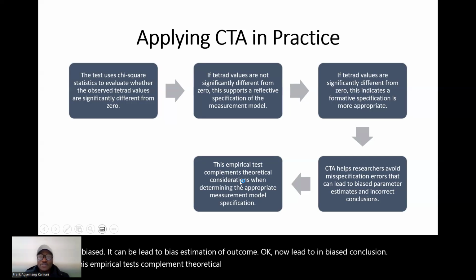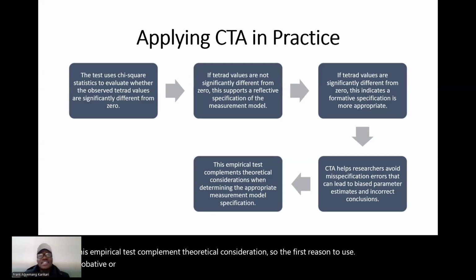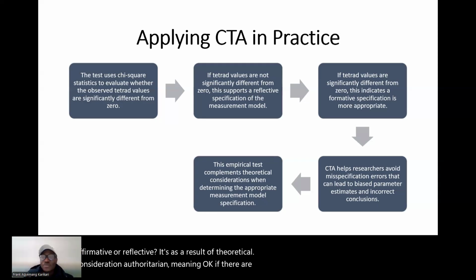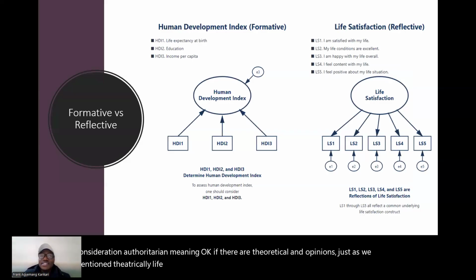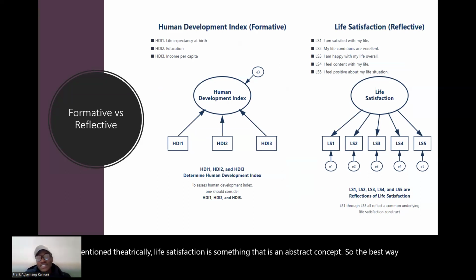So the first reason to use formative or reflective is theoretical consideration or theoretical meaning. Just as we mentioned, theoretically, life satisfaction is an abstract concept. So the best way is to set questions, which are the measures to determine it.